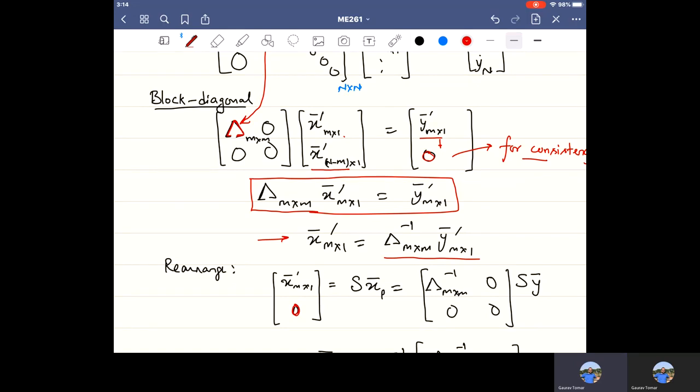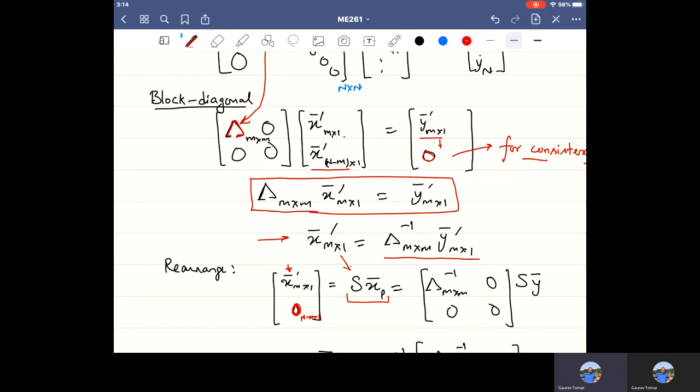And then this particular solution, if you want to go back to the same basis that you were using earlier for the actual set of variables, will be S times xp. So this x prime m cross 1 and this set of 0, n minus m cross 1 values is equal to S times xp. S is an invertible matrix, of course, because it's used for change of basis.